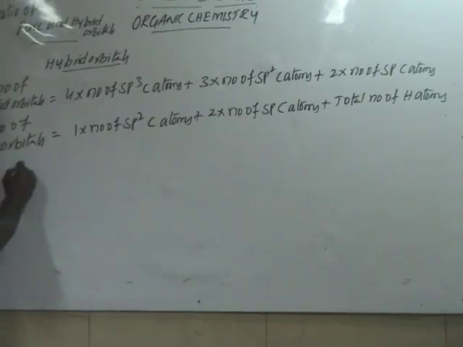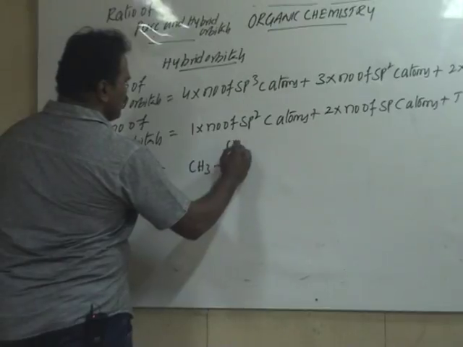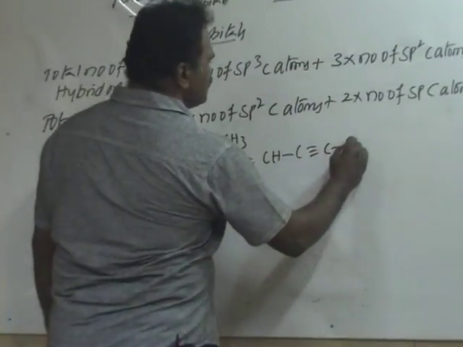For example, CH3 single bond C(CH3) double bond CH single bond C triple bond C CH3.